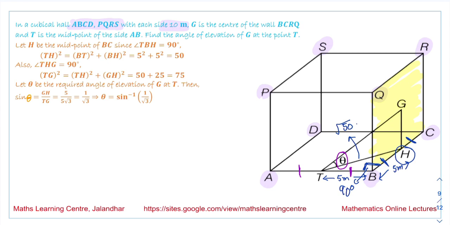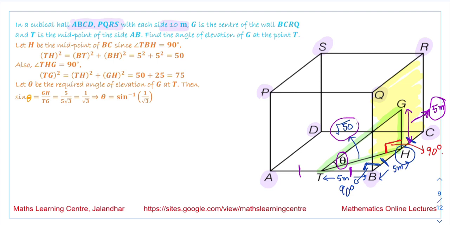Now next, this angle at H, THG, is 90 degrees. So if we are talking about the triangle TGH, the length of this side GH, G being the midpoint, is 5 meters.